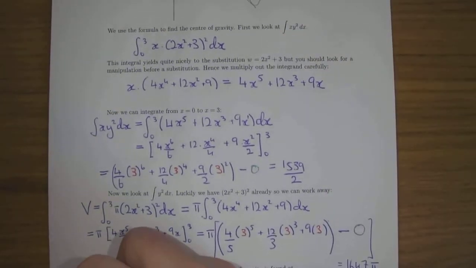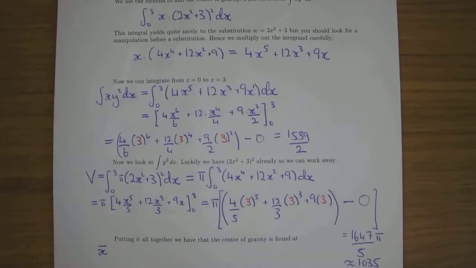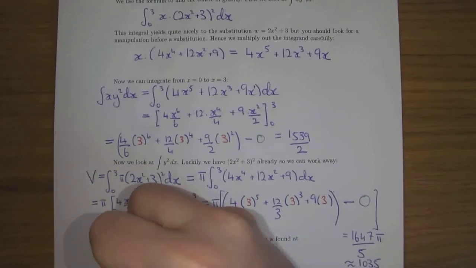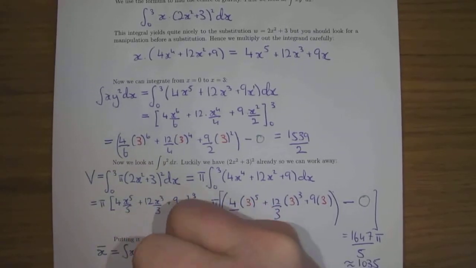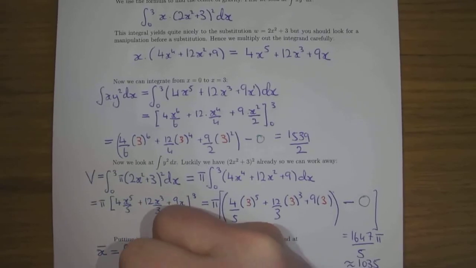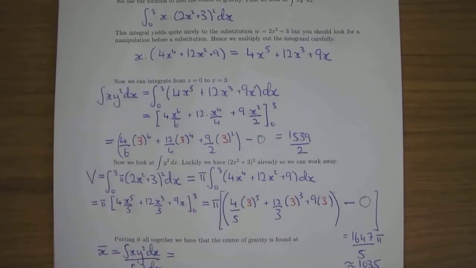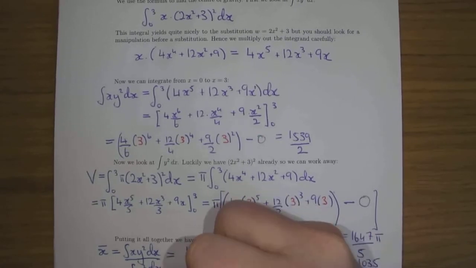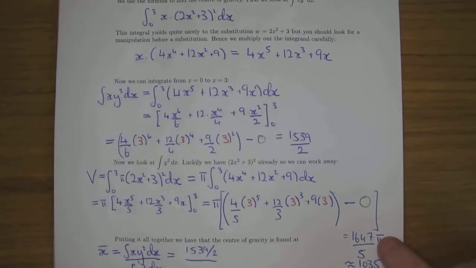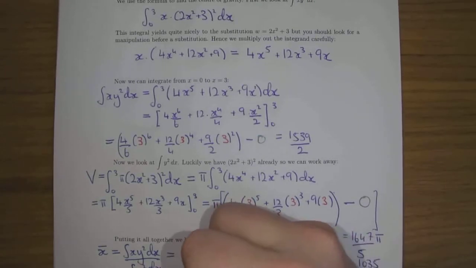So the x coordinate of the center of gravity, the same as the centroid under certain conditions, is the integral of xy squared dx over the integral of y squared dx. Integral of xy squared we just found is 1539 over 2. Integral of y squared is this 1647 over 5.